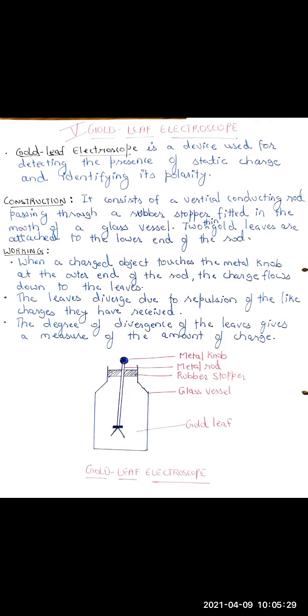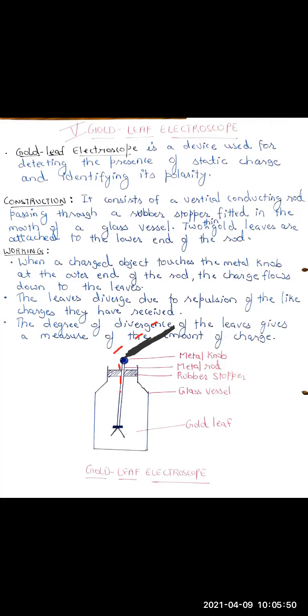Suppose children, this is the object which I want to check whether it is charged or not. That black colored object, we have to touch it at the metal knob. So suppose this is charged negatively. So what will happen? This is a conducting rod.